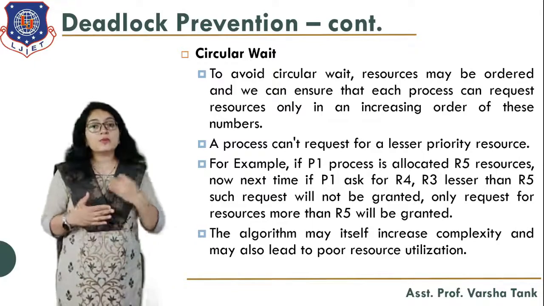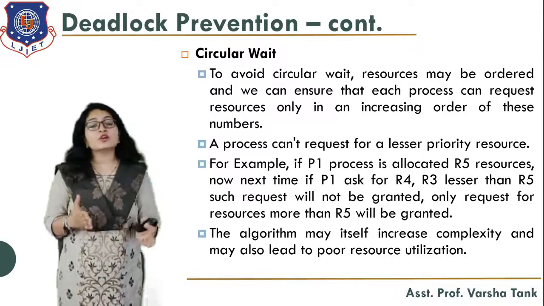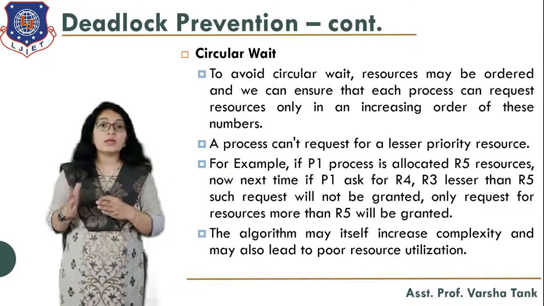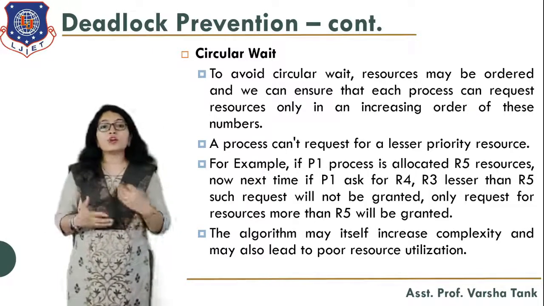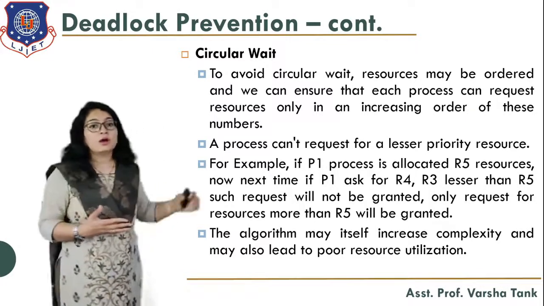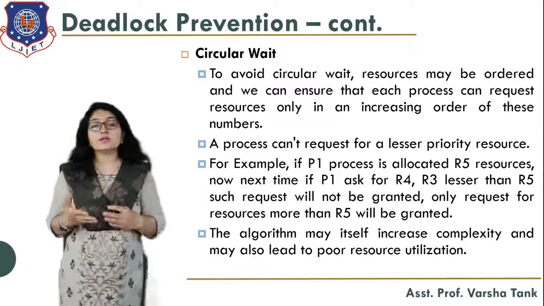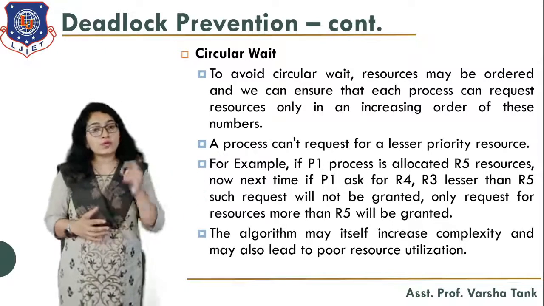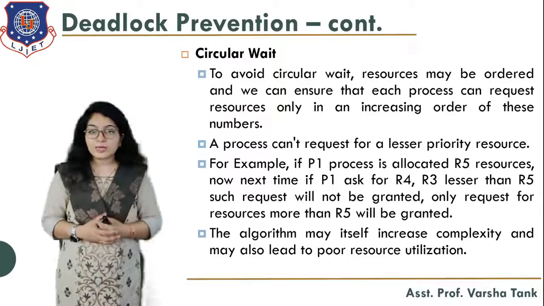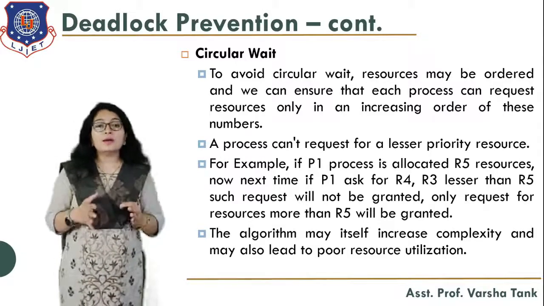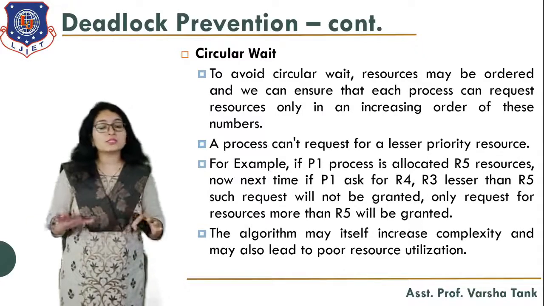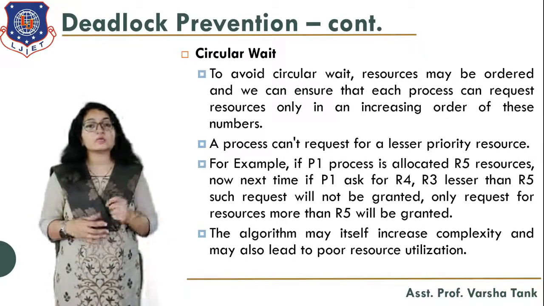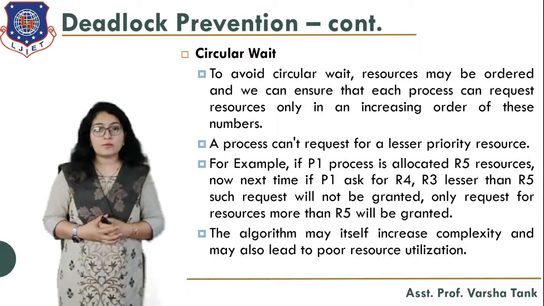Now next, if the process P1 asks for the resources R4 and R3 that are lesser than R5, okay, such a request cannot be granted. Only requests for resources greater than R5 are granted. So if the process now wants the resource R6, then it is possible. But if the process wants a resource from R1 to R4, then it is not granted, because now process P1 is holding the resource R5.